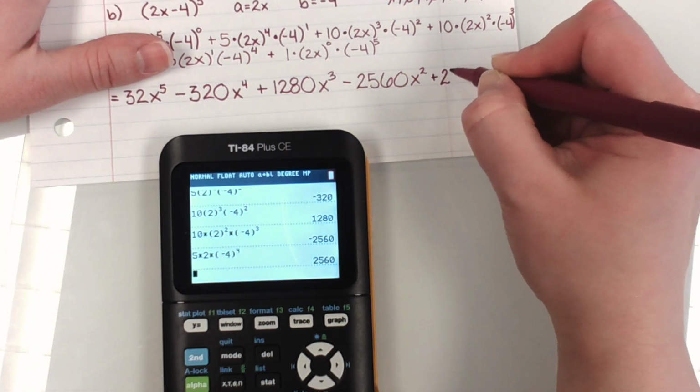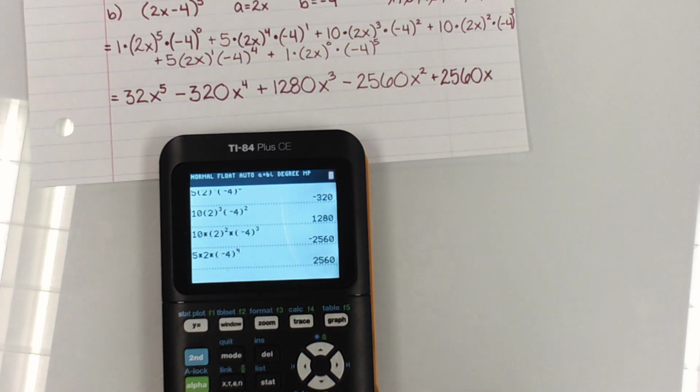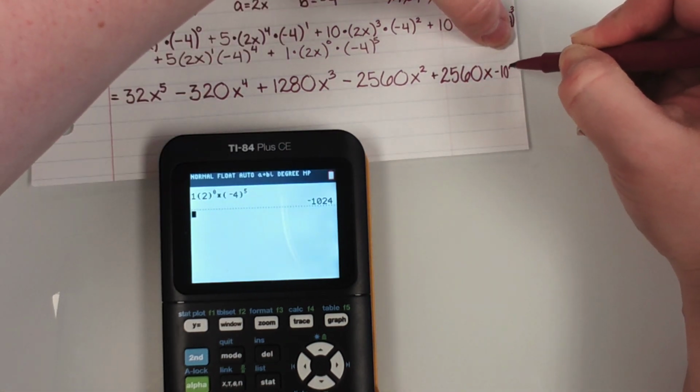Positive 2,560 again. This time's just going to be x. My last term, 1 times 2 to the power of 0. I can skip putting that in if I know what it is. Times negative 4 to the power of 5. Minus 1,024.